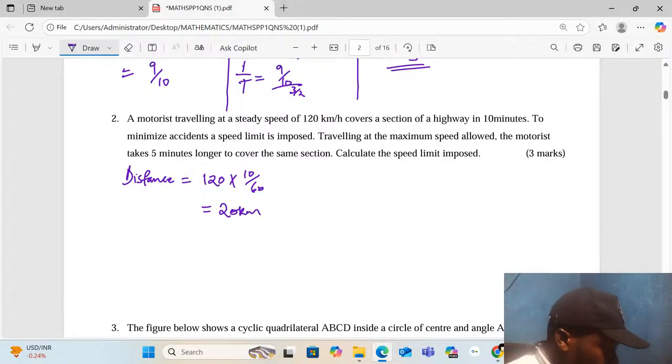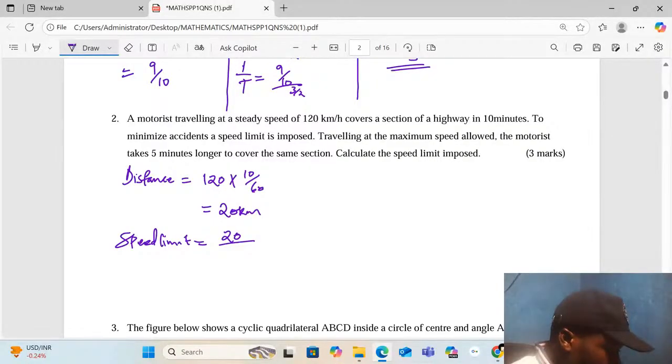Now, to look for the speed limit, you take the distance, which is 20 kilometers, then we divide by the time.